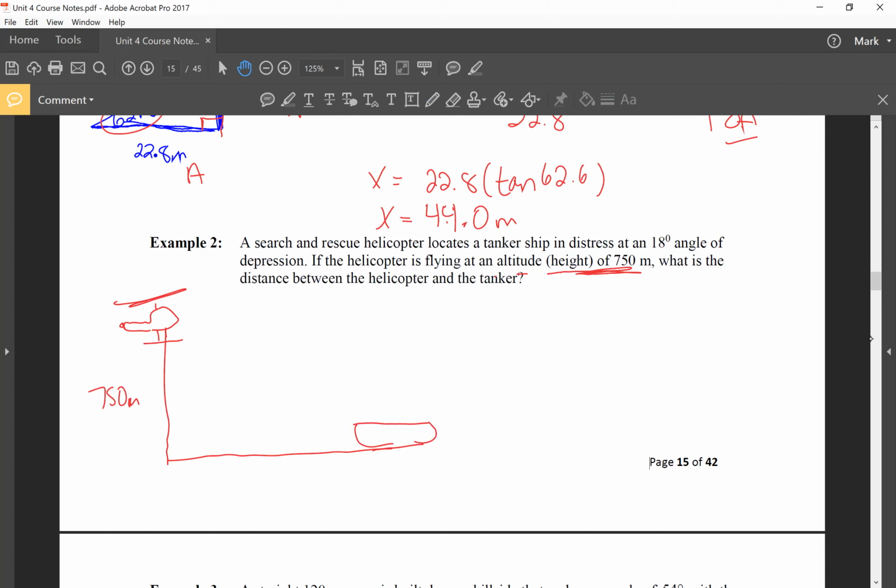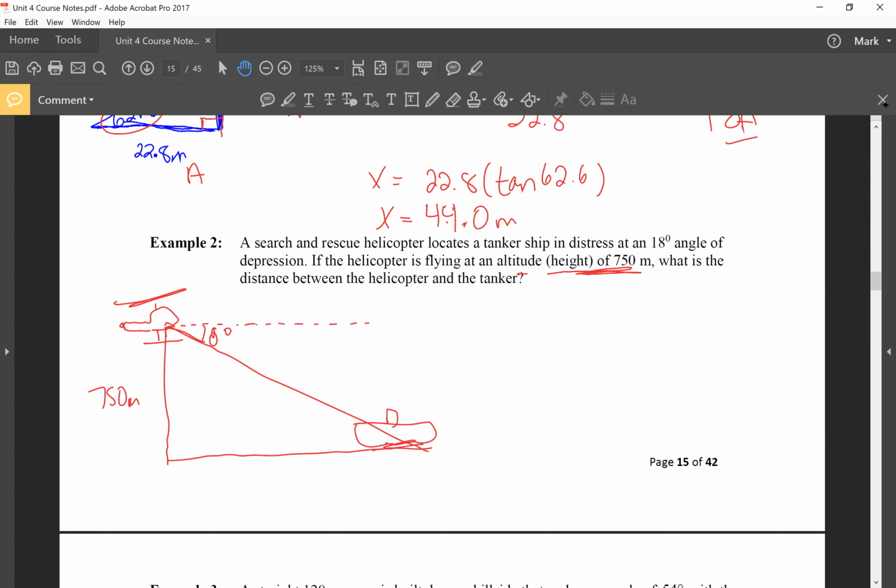Here's my boat. And it's at an angle of depression. Actually, this is a pretty tricky one. An angle of depression of 18 degrees. So here's my horizontal from my helicopter. The angle of depression is 18 degrees.